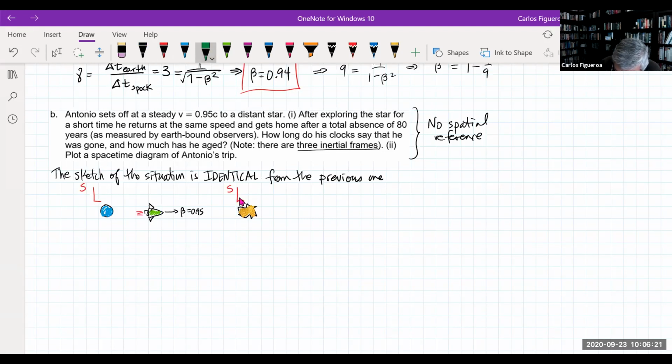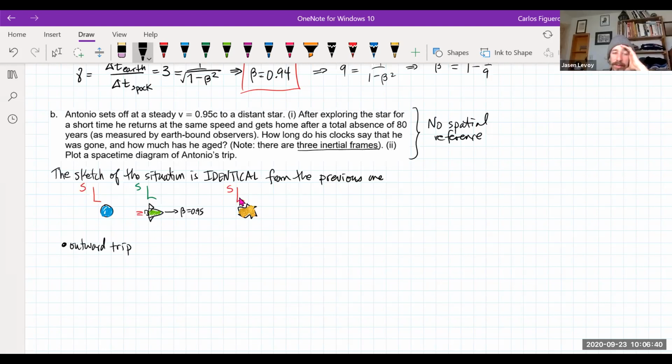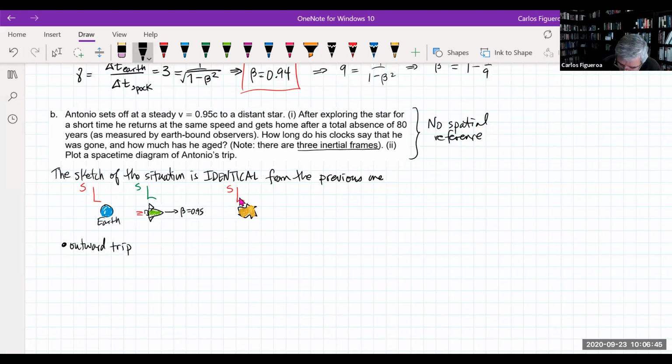So now I know that my prime frame is going. I'm seeing two pieces here. Technically, there has to be an outward trip where I go from Earth to the star.